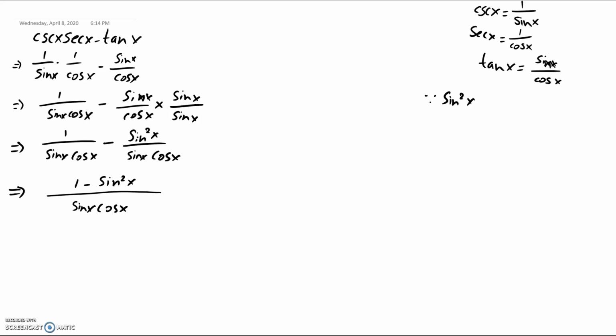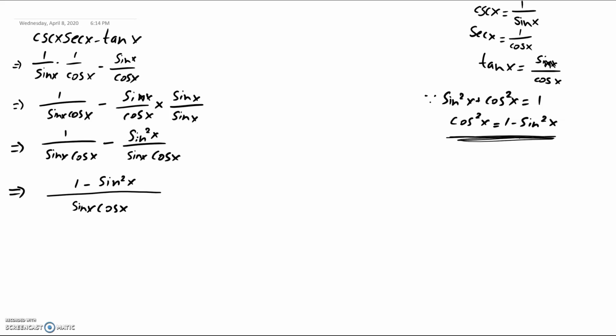Sine squared x plus cos squared x equals to 1. If I rearrange this identity, I can get cos squared x equals to 1 minus sine squared x. Now look, what do we have in numerator? We have 1 minus sine squared x is equal to cos squared x according to this identity.